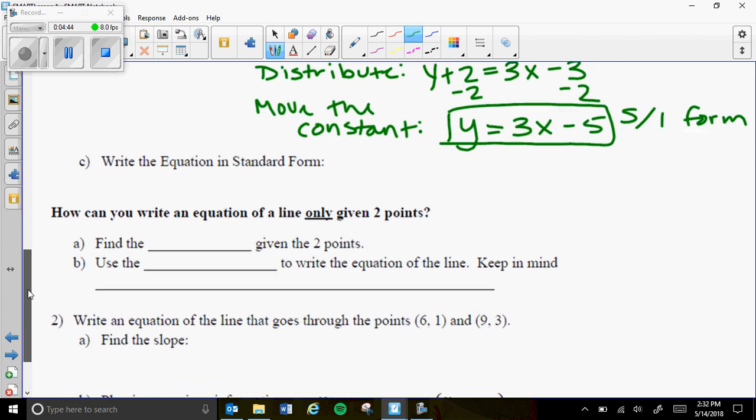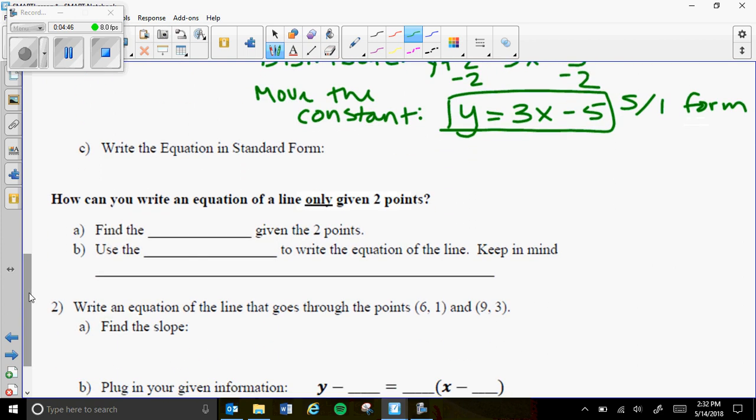And then letter C says write that equation in standard form. So in order to get it into standard form, I need to move x and y onto the same side. So I'm going to move the x term. I'm going to subtract 3x from both sides and rewrite it so my x term is in front.